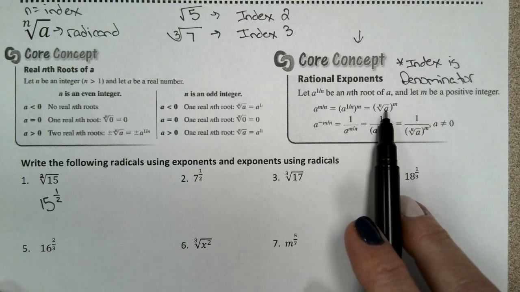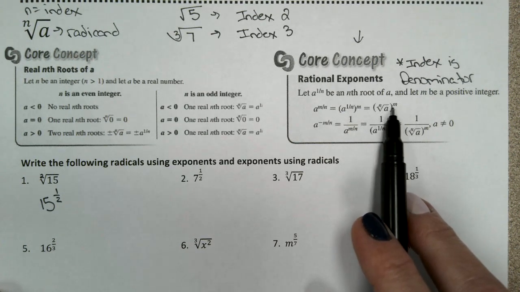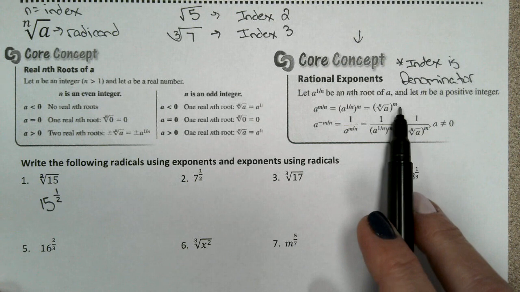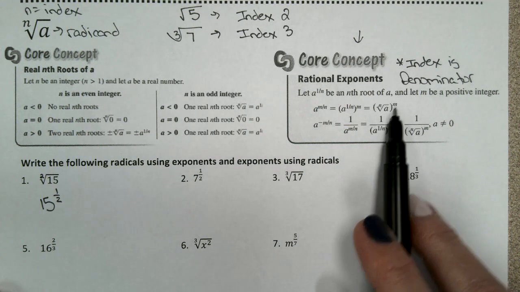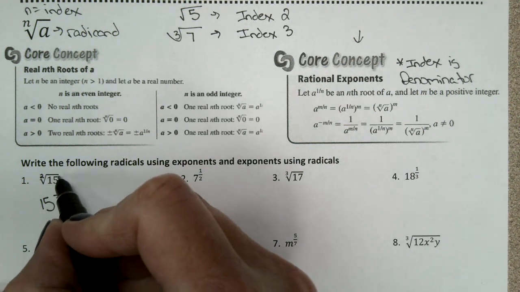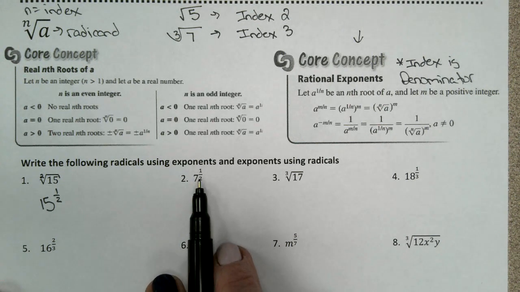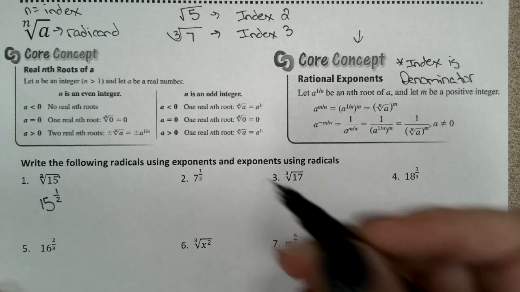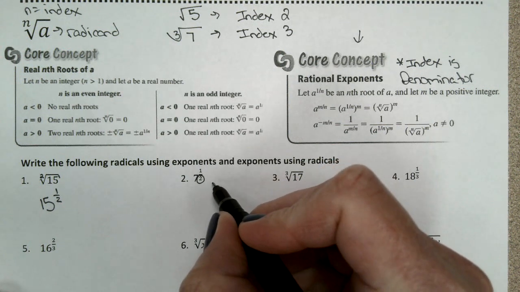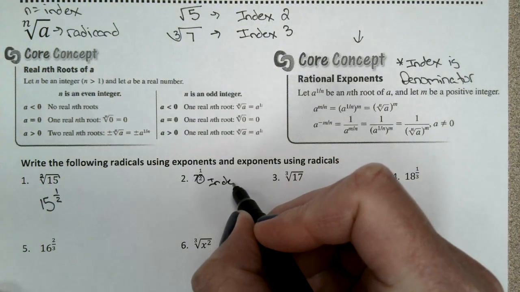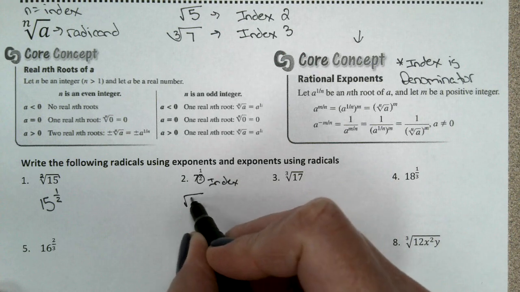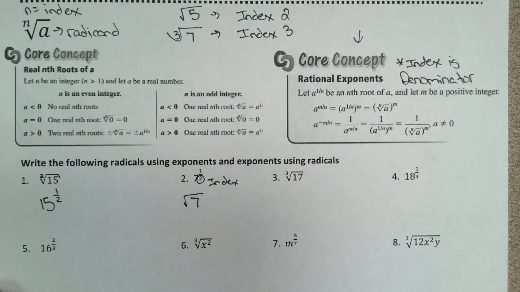If there's no number there, then you need a placeholder, and there's an implied 1 there. So if you have 7 to the 1/2 power, that means the 2 is your index, and I could just write that as the square root of 7.